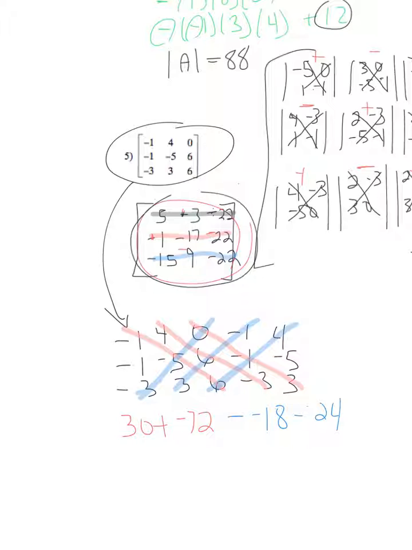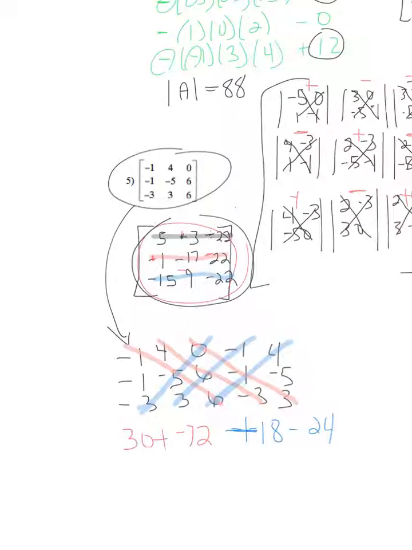All right, let's see what we got. This is positive right here. Couldn't read my handwriting very well. That was actually a negative right there. So those make plus. And when we take a look at what we have here, there's the positives. 30 plus 24 is 54 plus 18, so I've got 72 positives.